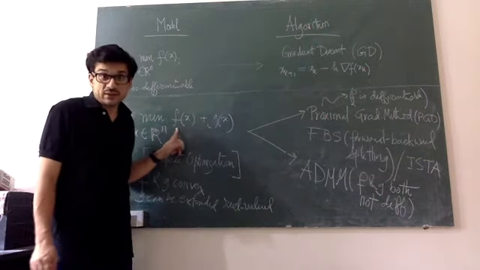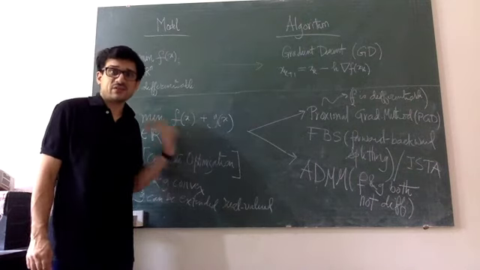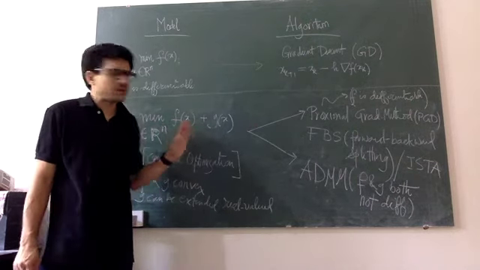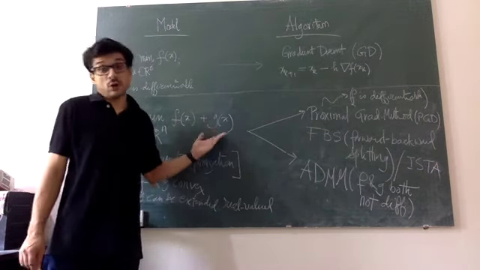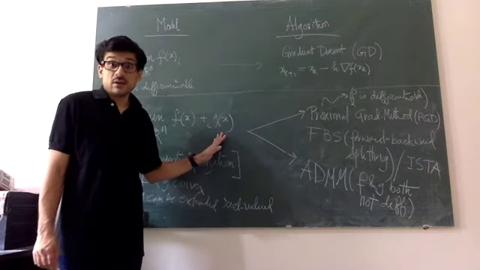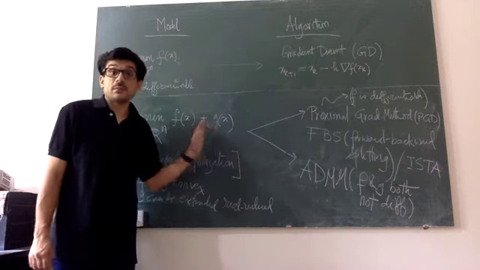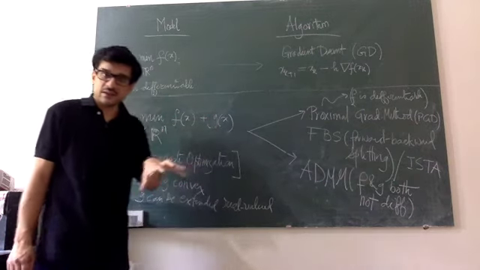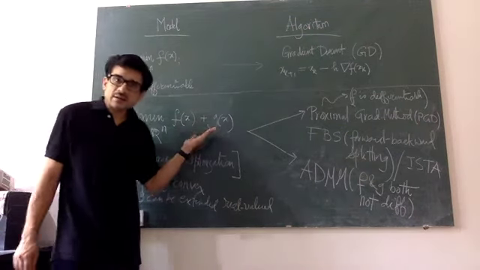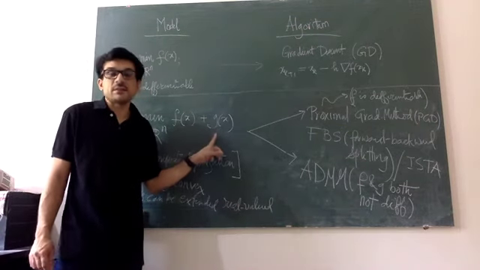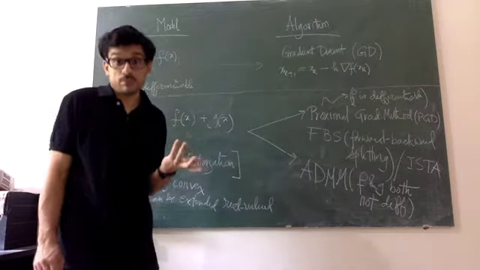It's differentiable, with Lipschitz gradient, whatever you want. This is nice, this is bad. Bad in the sense that it's convex but not differentiable. For example, this can be an indicator function of some set. That's why we need this plus infinity, or it could be some other discontinuous function. For example, this can be the L1 norm.